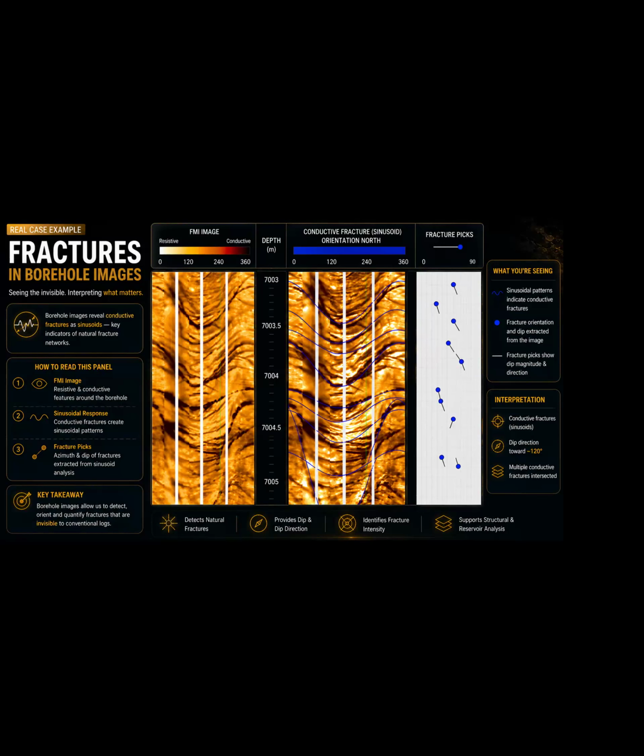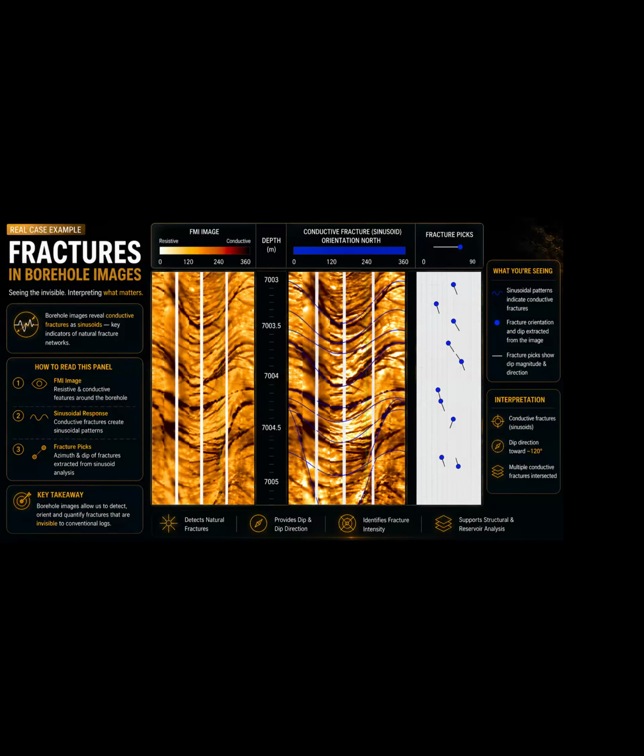The more brittle the rock, the more fracturing we will see. And when this rock underwent tectonic episodes or faulting or deformation, it will exhibit fractures, fracture networks or fracture corridors.